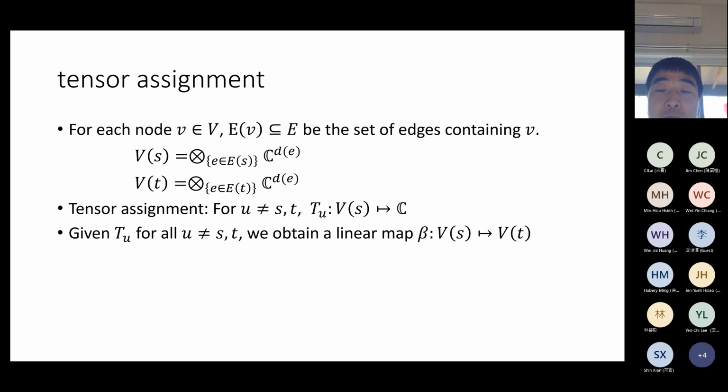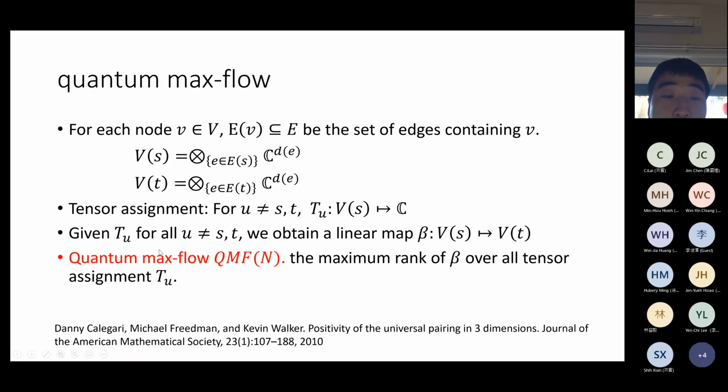So we obtain a linear map beta, which is from Vs to Vt. And the quantum max flow is the maximum rank of beta over all tensor assignments. Because this linear map is a matrix, you can regard it as a matrix or a bipartite vector. So it's the maximum rank of beta over all tensor assignments TU.